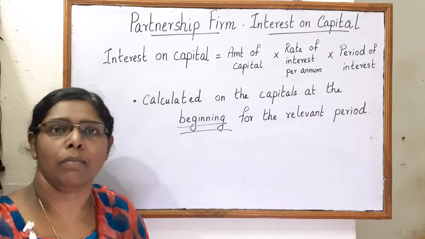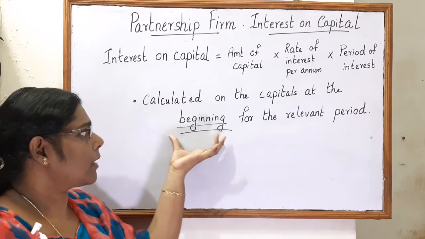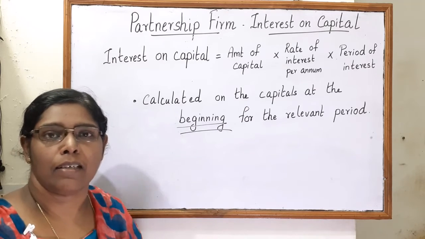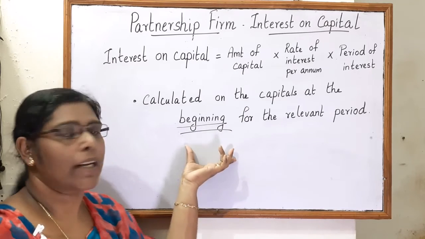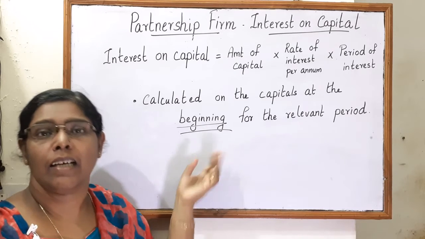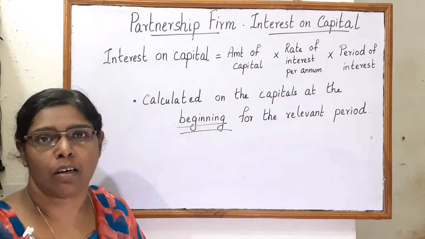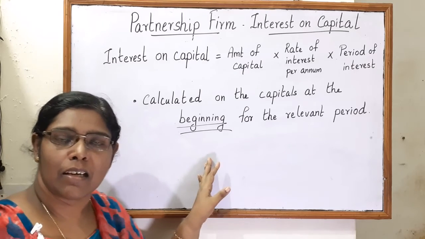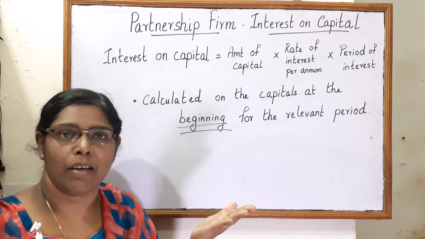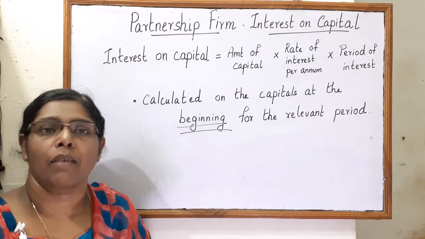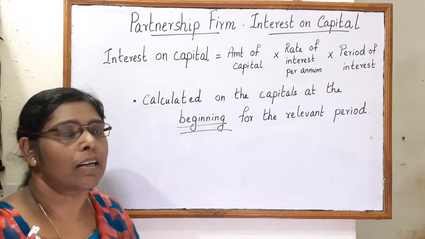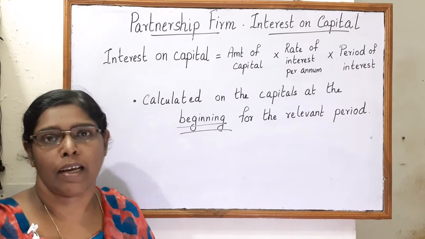In some problems we may know the capital at the beginning. If it is not given, then how to find it? Here you can apply what you have learned in incomplete record, statement of profit and loss. There we did the calculation. When the end capital is given, we add the drawings, we less the additional capital or profit if it is fluctuating capital, then we will get the opening capital.